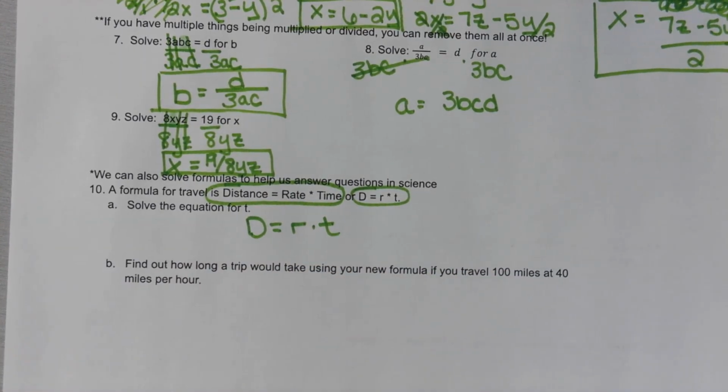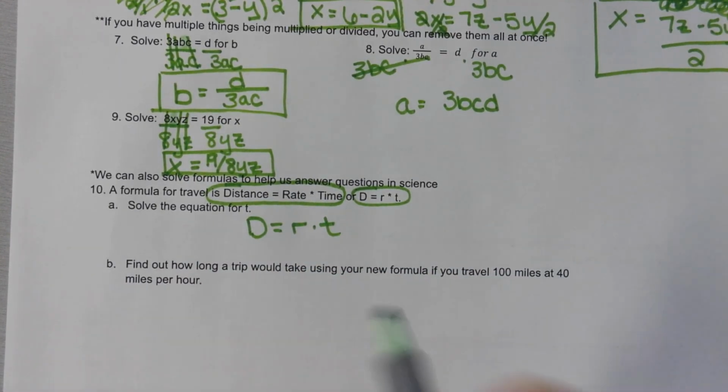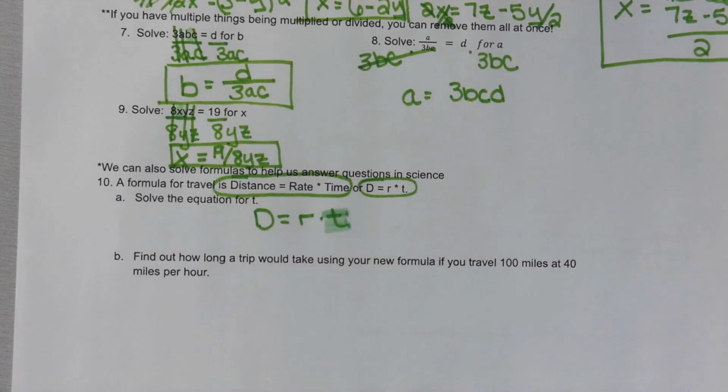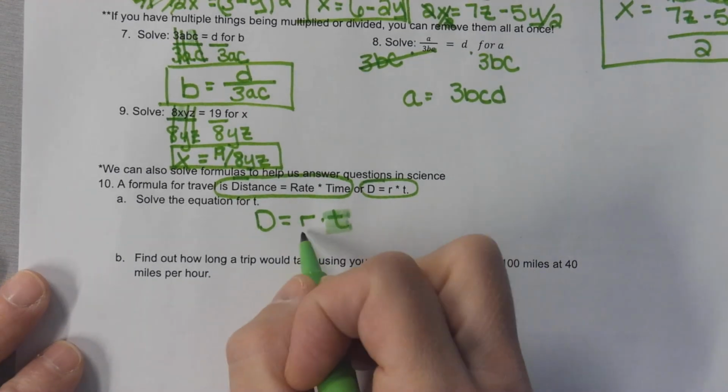If I want to solve for T, that means I want T to be alone. Here's T. Is T alone? It doesn't look alone. It looks like it's being a little bit annoyed by R. How is R interacting with it? Multiply. So how could I get rid of the R? Divide.